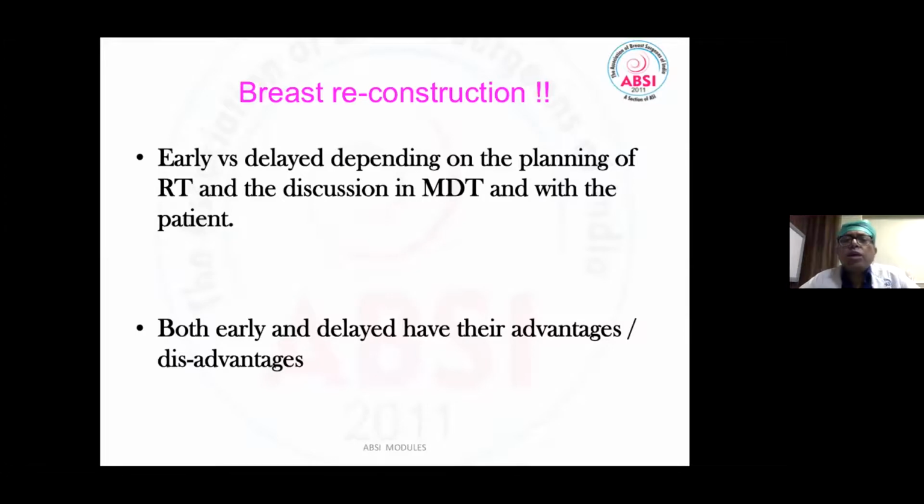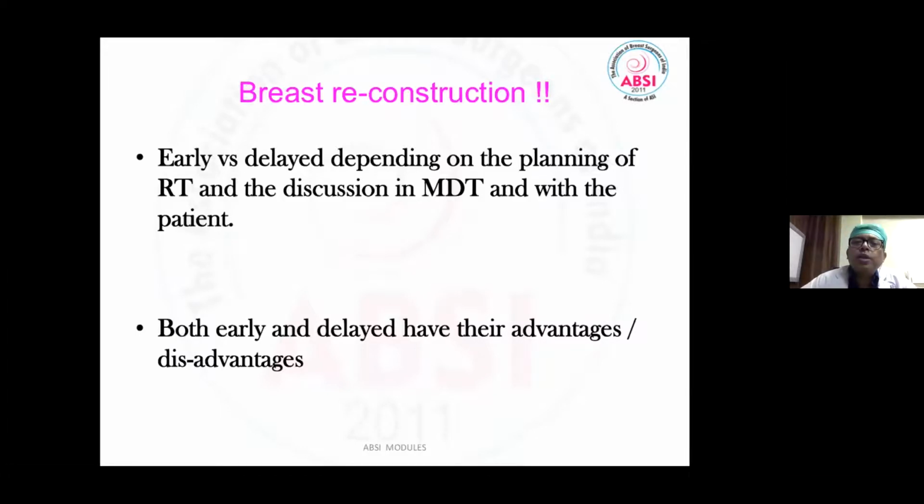The question is, are you going to do a breast reconstruction? Most of the evidence currently suggests that early breast reconstruction or primary reconstruction is the standard of care. The only problem is you should not be using an implant if you're contemplating radiation, because most of your patients of locally advanced breast cancer will require radiation, and if you choose an implant, radiation doesn't go well.